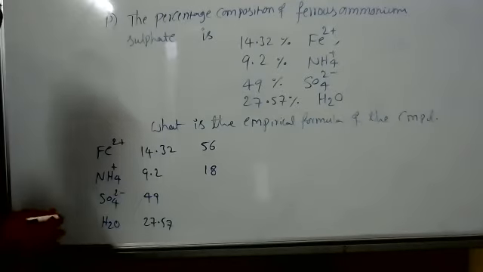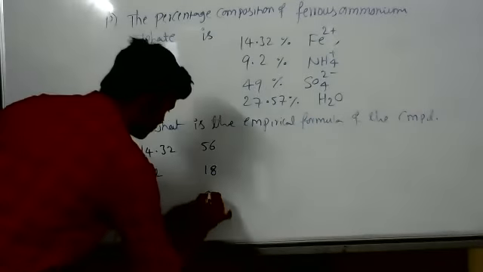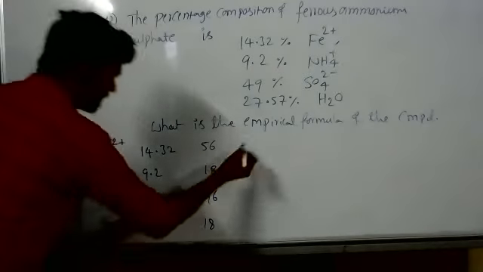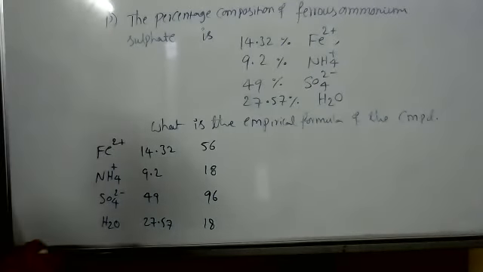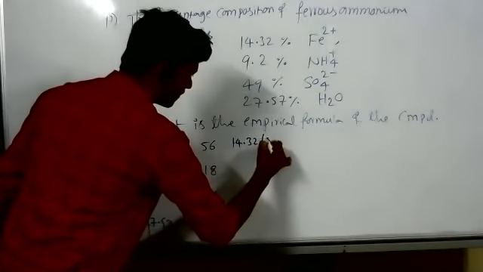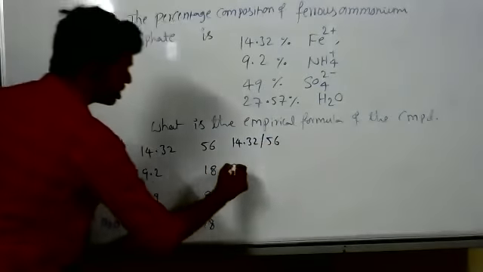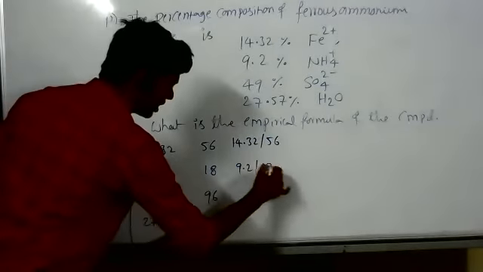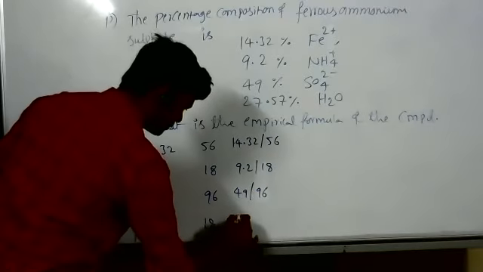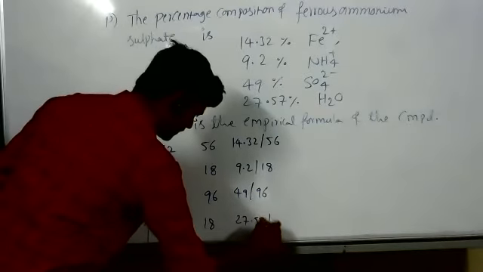Yeah, 96. H2O is 18. Then next, calculate the number of moles. 14.32 divided by 56, 9.2 divided by 18, 49 divided by 96, 27.57 divided by 18.